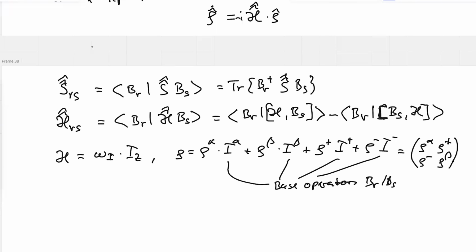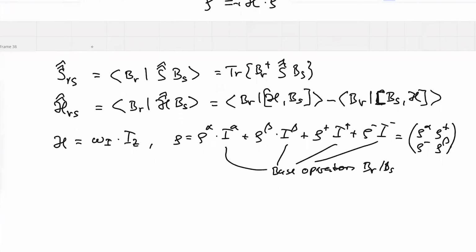With these coefficients we do the calculations, and they are placeholders, which in the end tell us at which position we have to write what value. I hope it just becomes clear when we do it.